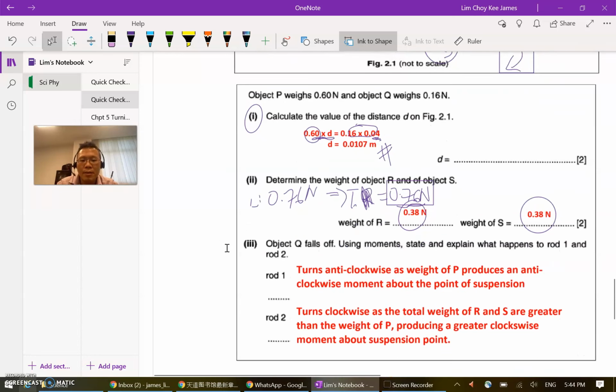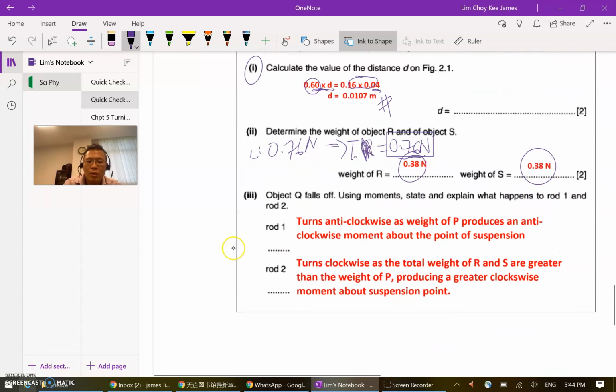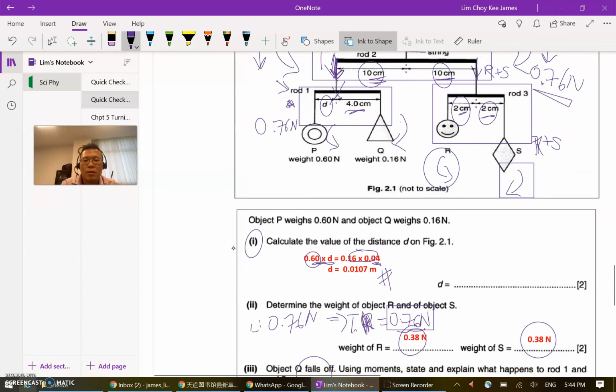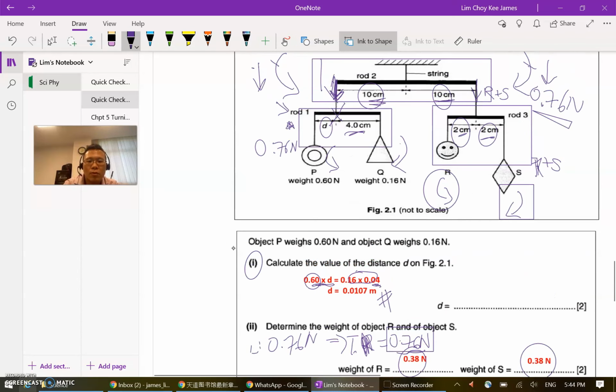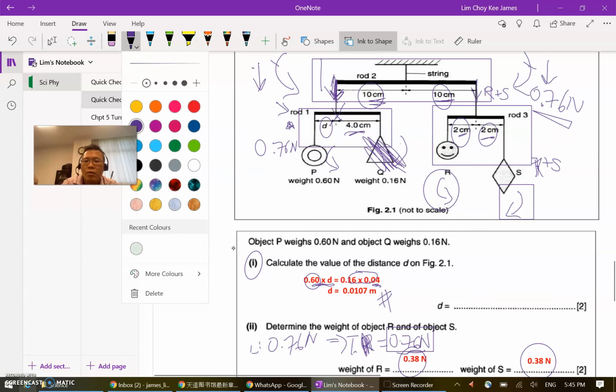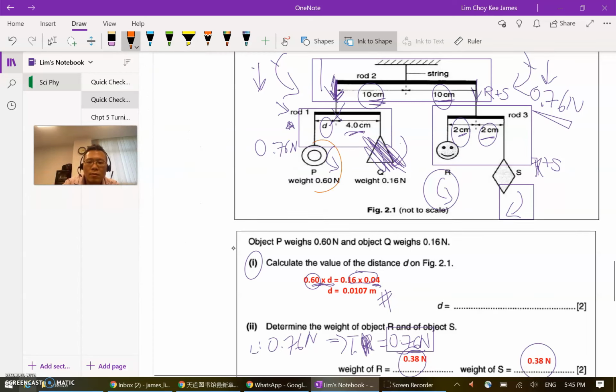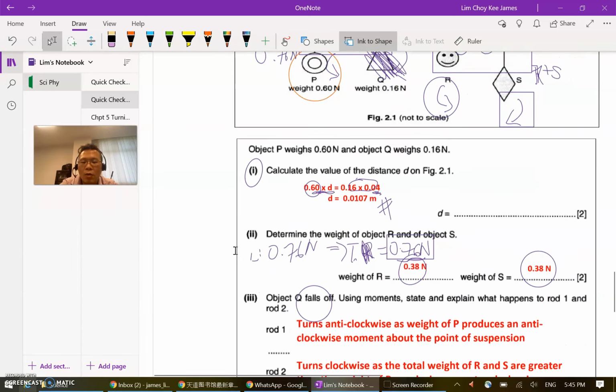Same thing, what happened at the last part is what happens when Q falls off. When Q falls off, you'll find that rod 1 will actually be unbalanced, because the only moment I now have at rod 1 is P, which is the anti-clockwise moment.